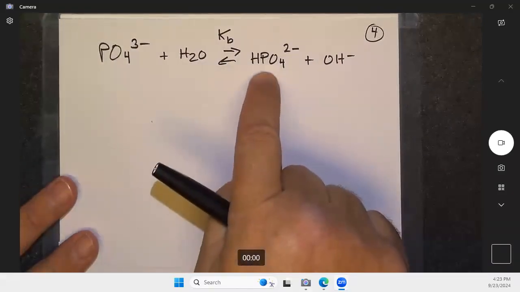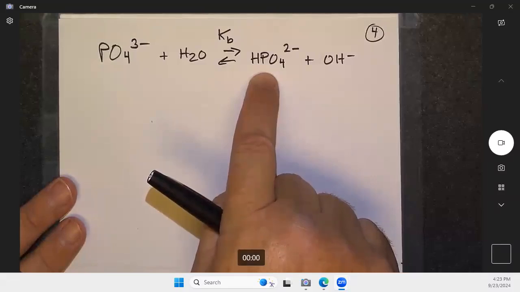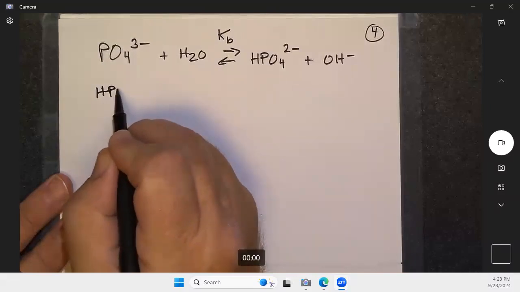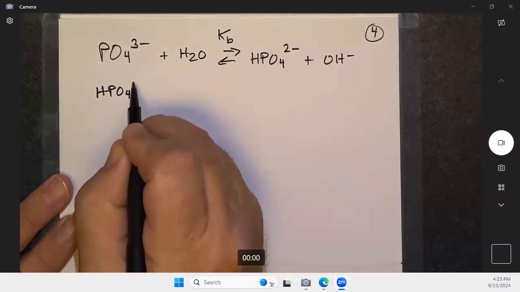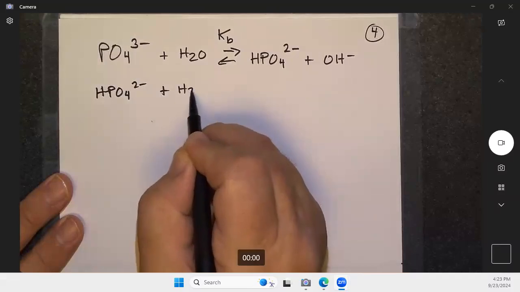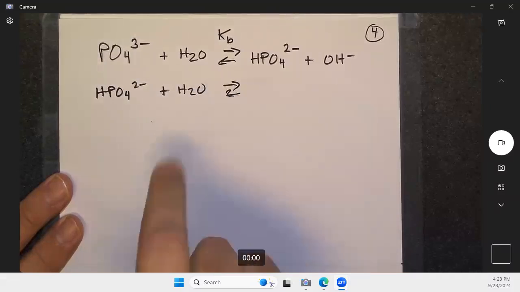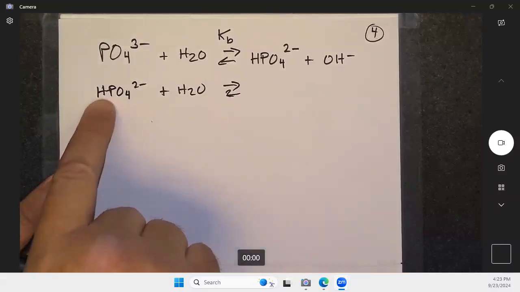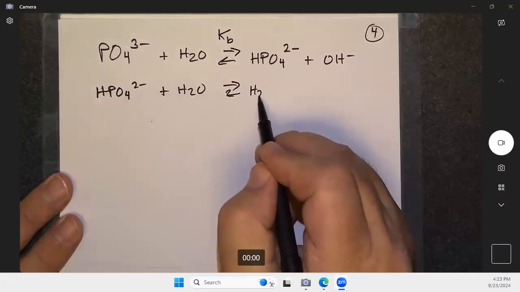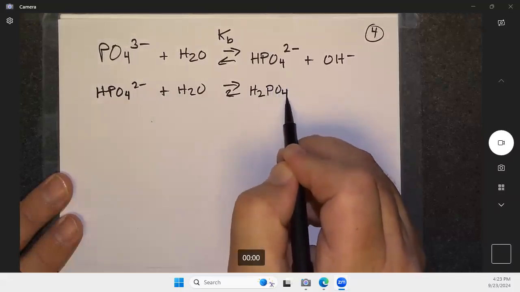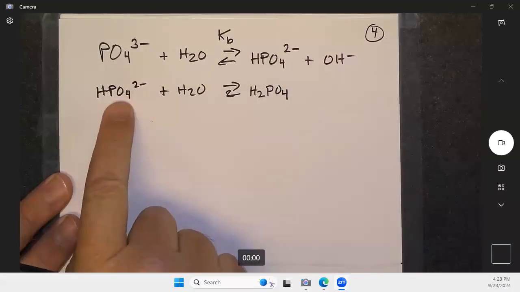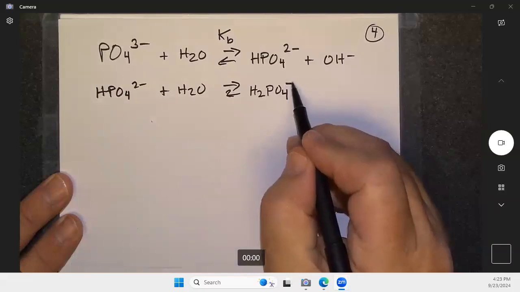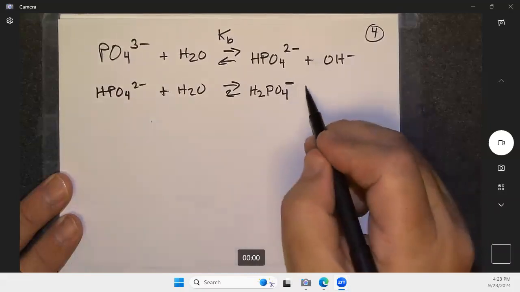Now, this one can also accept a proton, so we can write HPO4 2 minus reacting with water. Take an H plus off that water, we stick it over here, right? We get another hydrogen, so we get H2PO4, and since we stuck a plus on it, this 2 minus is going to go to 1 minus, which I can just write as a minus.